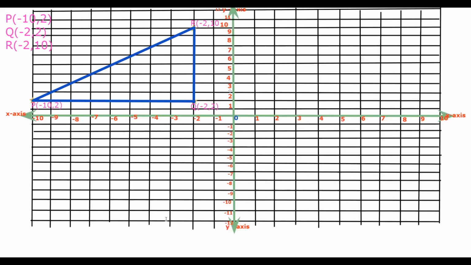Now the question further asks us that the shape PQR is reflected on the x-axis. When you say a point is reflected on the x-axis, this is the x line, so from here to here is the x-axis. When this shape is reflected on the x-axis, it means the x-axis serves as a mirror line to reflect the object directly opposite.